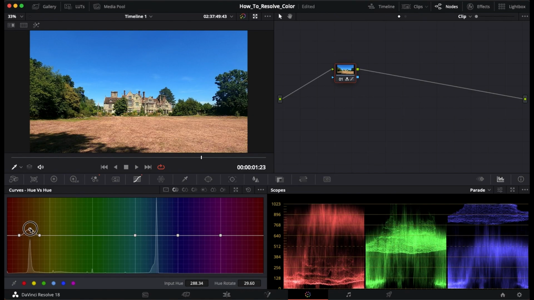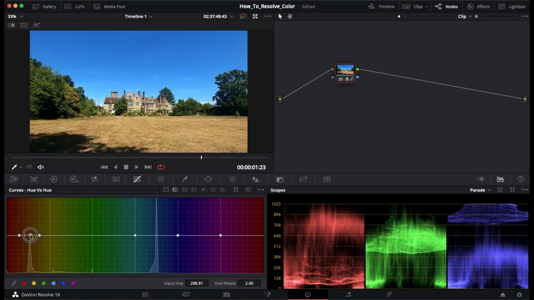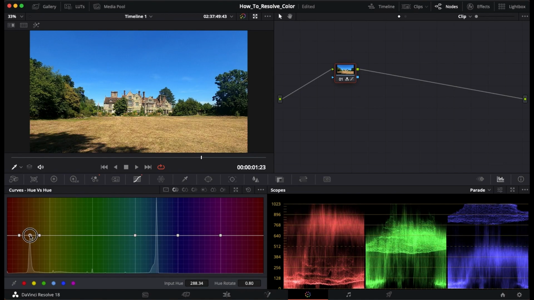And look at the grass at the same time. We're changing the hue of the grass.